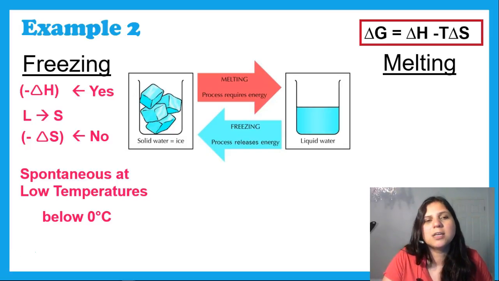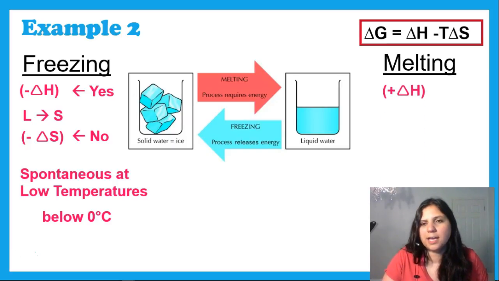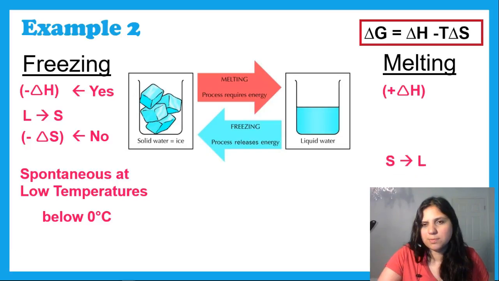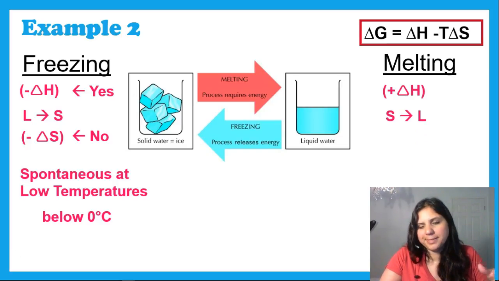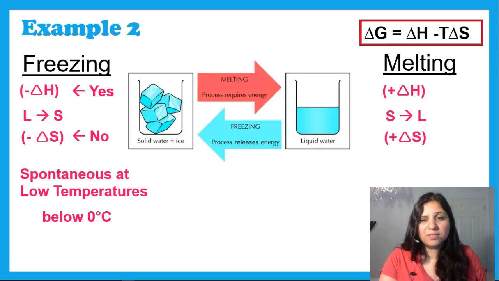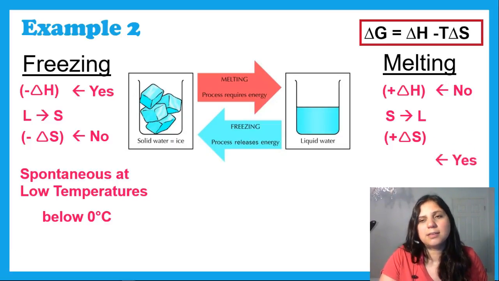All right. For melting, we're going from solid to liquid. You have to put energy in, so that is endothermic, or positive delta H. And then from solid to liquid to happen, you are increasing the disorder, so it's a positive delta S. All right, in terms of the universe, delta H is saying no, delta S is saying yes.